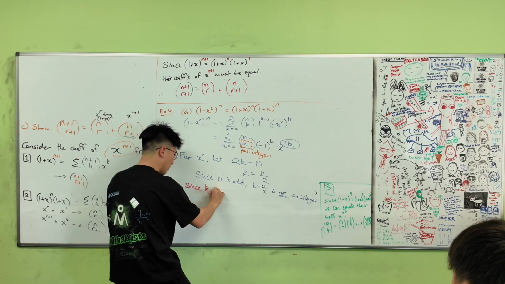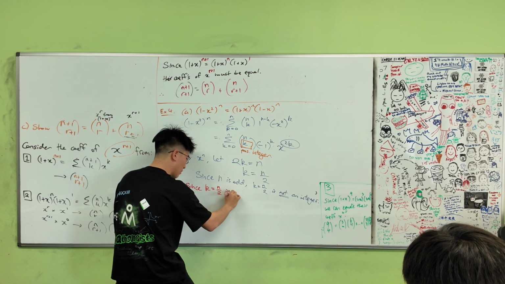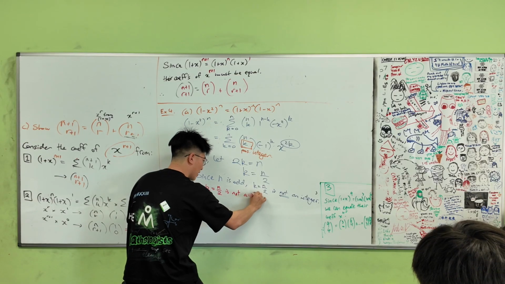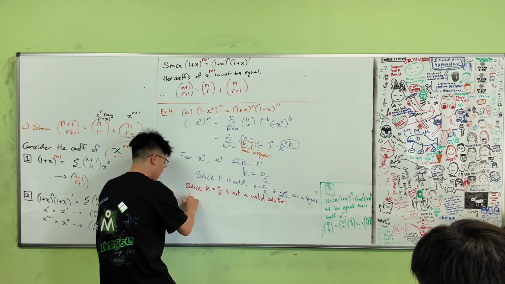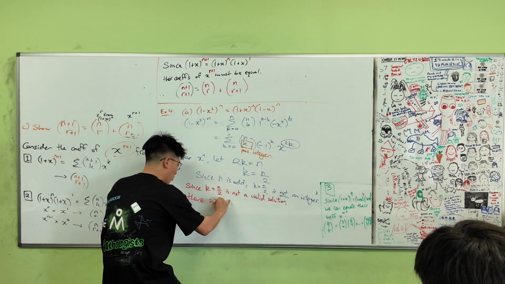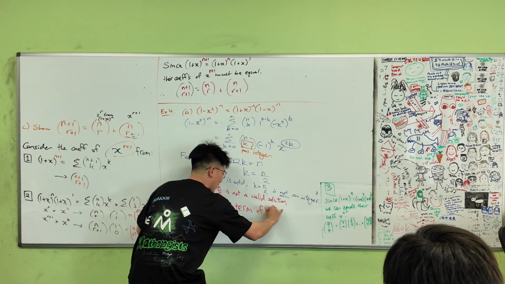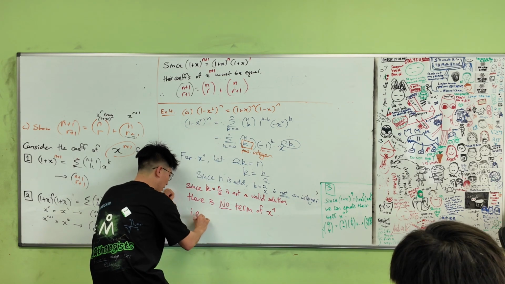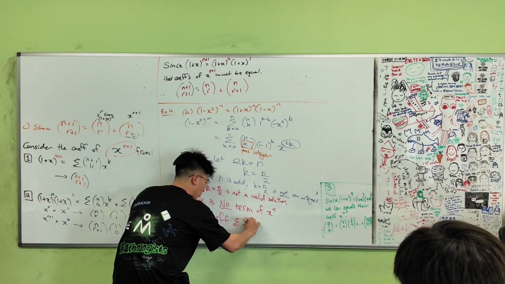Since k is not a valid solution, there is no term of x to the n. In other words, the coefficient of x to the n is 0.